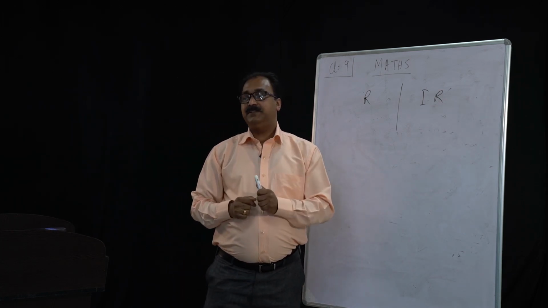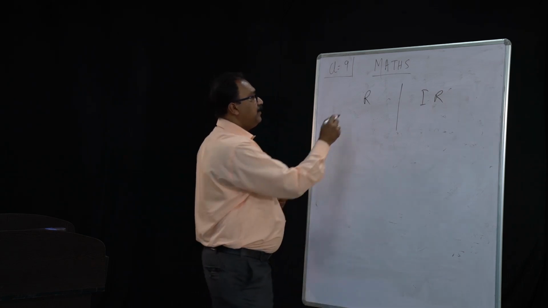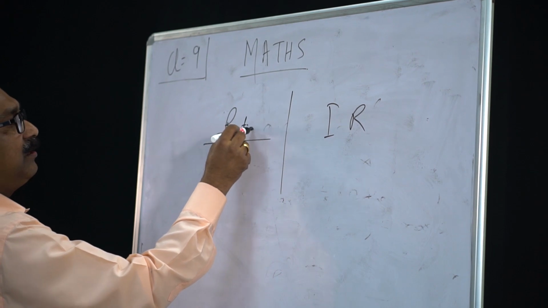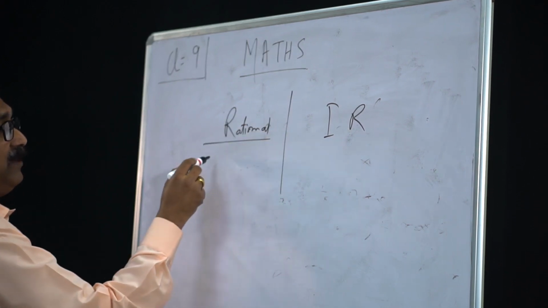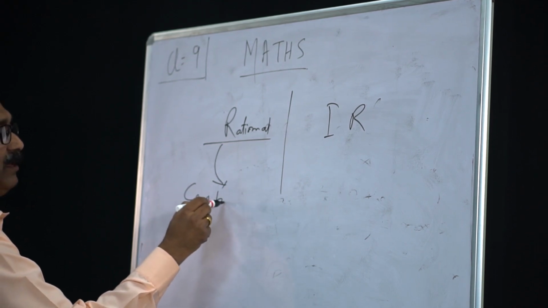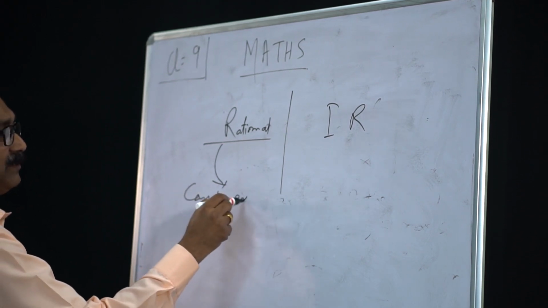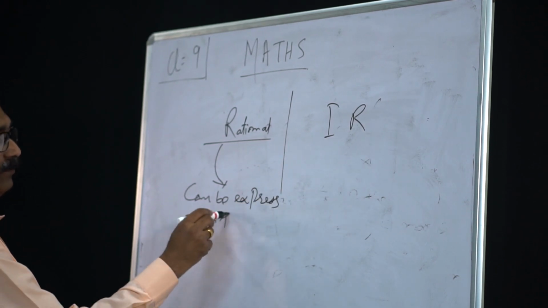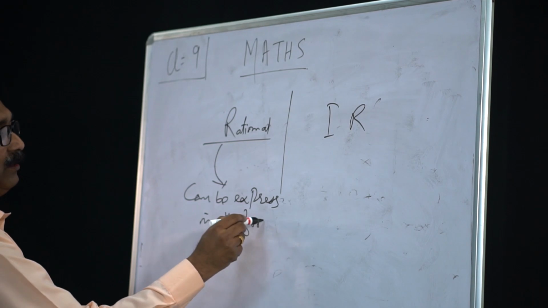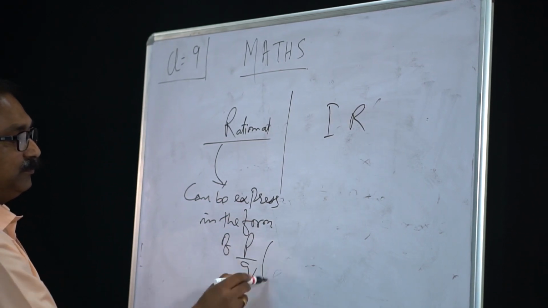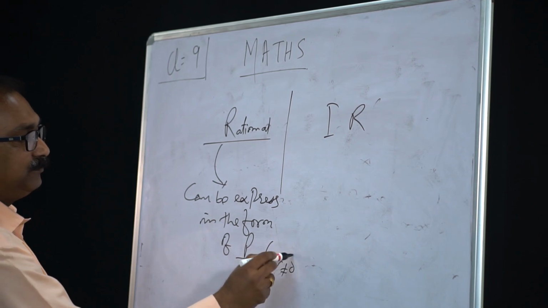The one difference is, a rational number can be expressed in the form of P by Q, where Q should not be 0.